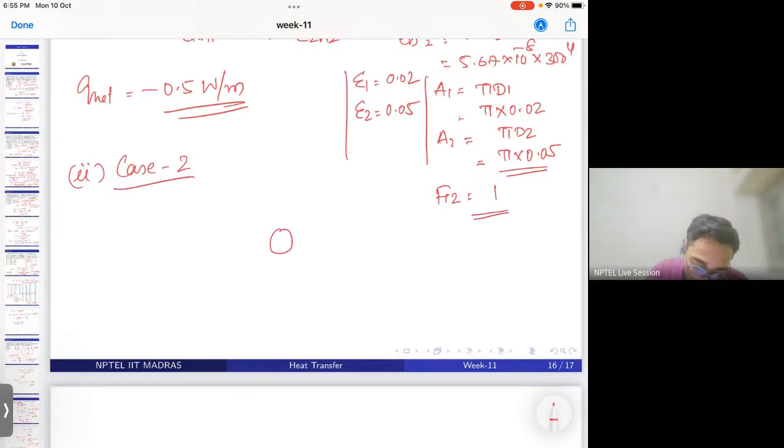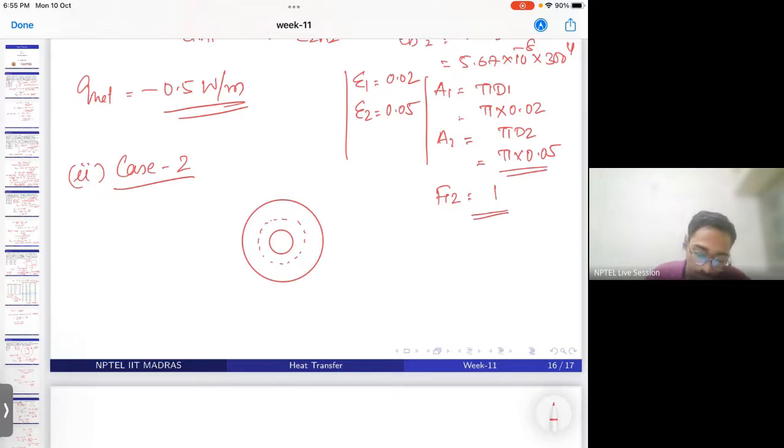We have the smaller tube and the bigger tube, and this is the radiation shield in between, which is placed midway between the two.